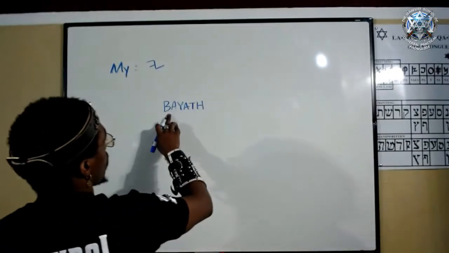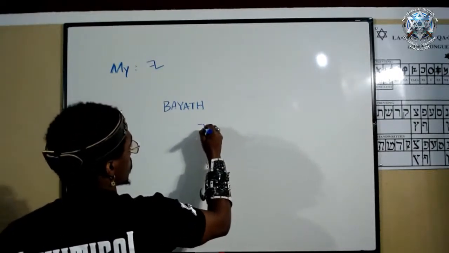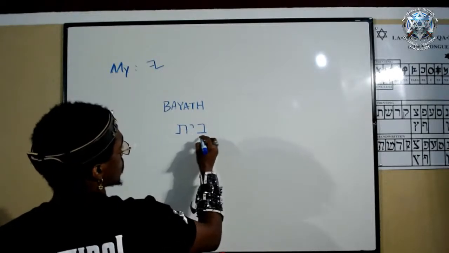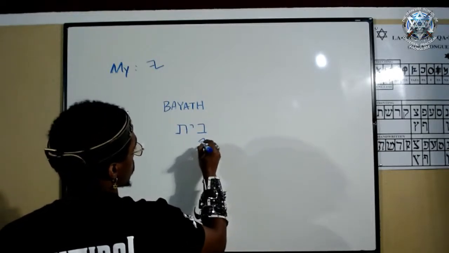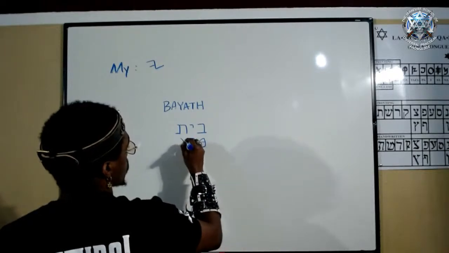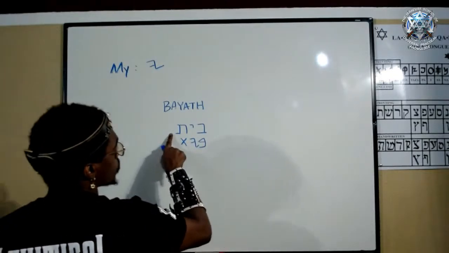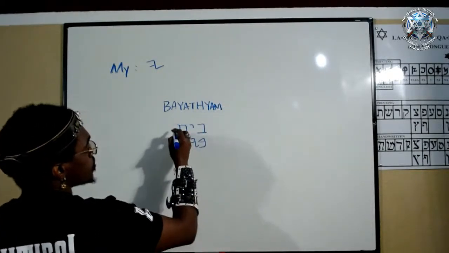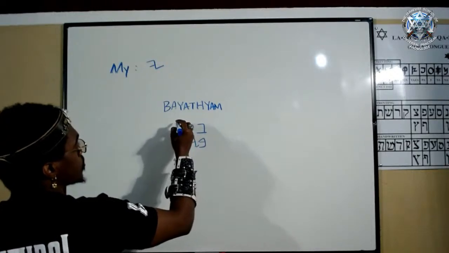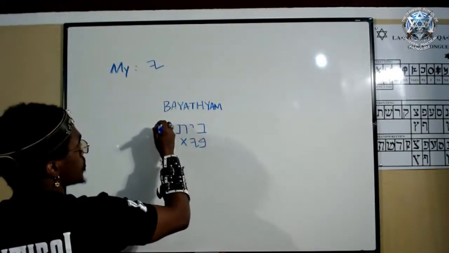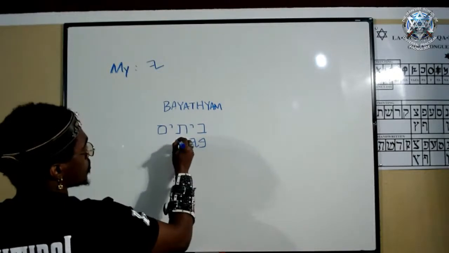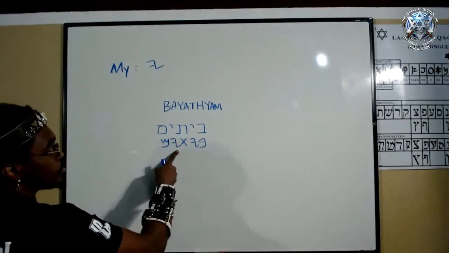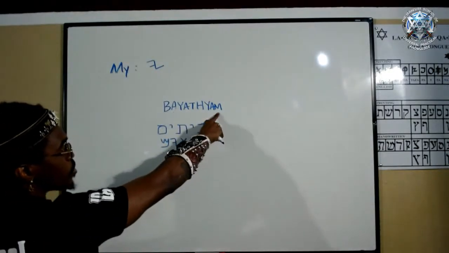All right. Now, a house is by Yah. Houses plural would be by Yah Yum. But this doesn't show possession. This is just talking about the houses being plural.